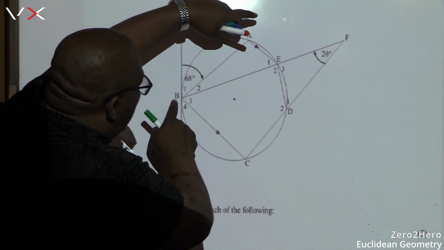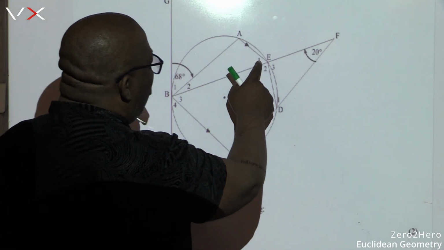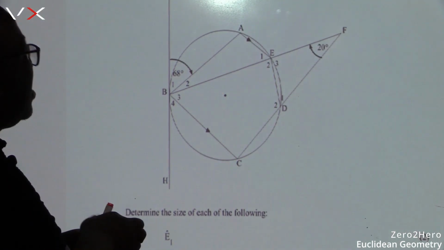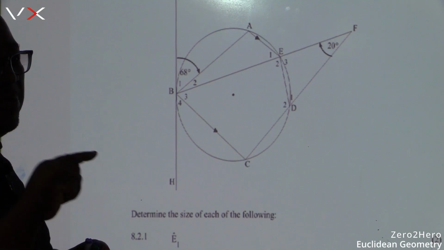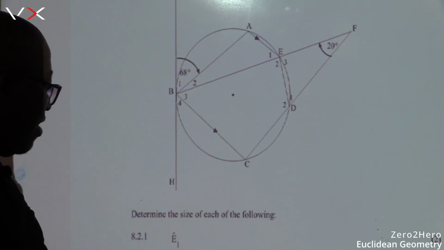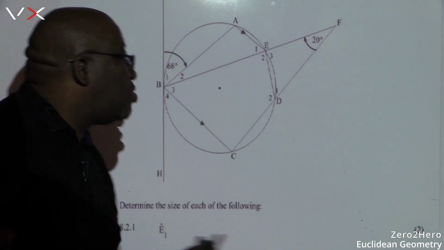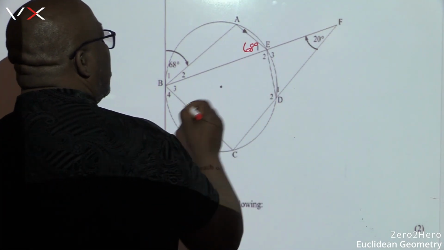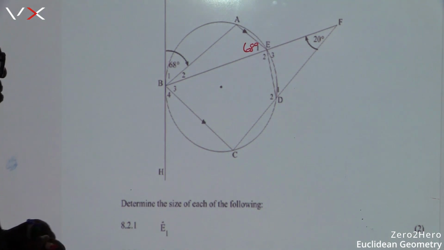If I go with the chord to the circumference, I will land at E1. So E1 is the same as 68. Reason, tan chord theorem. There's a mark for 68 and a mark for the tan chord theorem. It's only 2 marks.